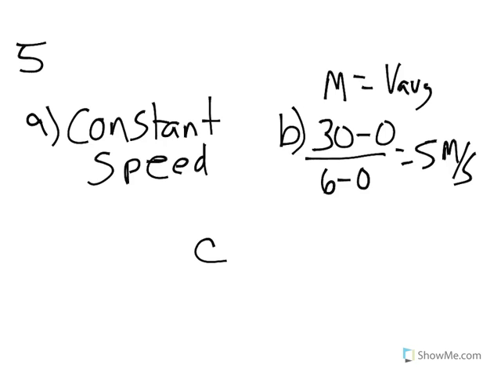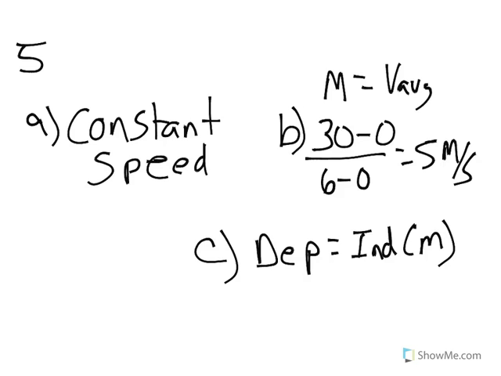That would be your slope, and your speed. And the last one says write an equation. Well, remember the equation should be dependent equals independent times the slope. So it would be x equals 5 times t. That's how that equation would look.